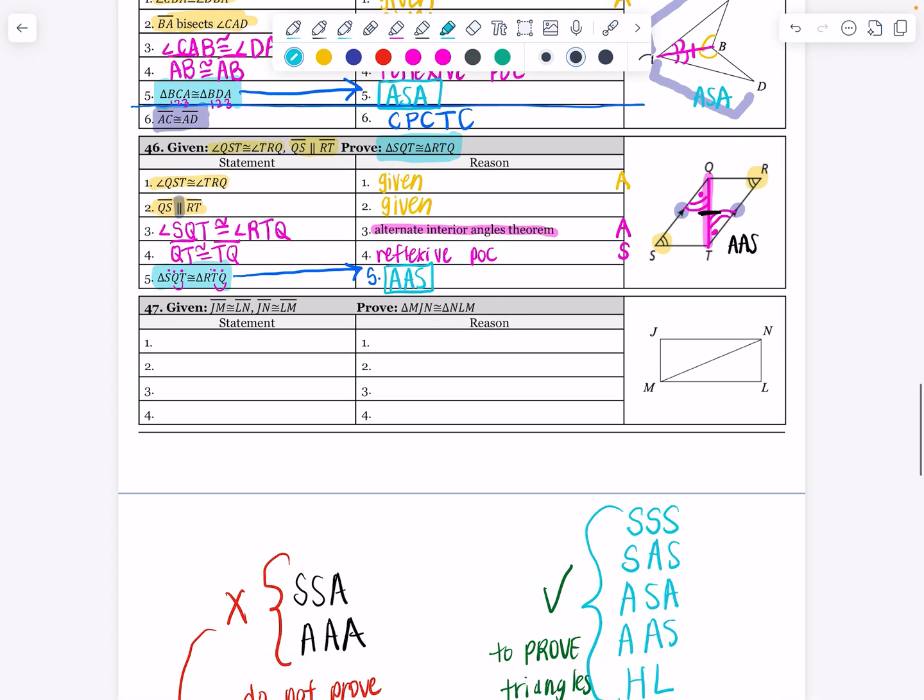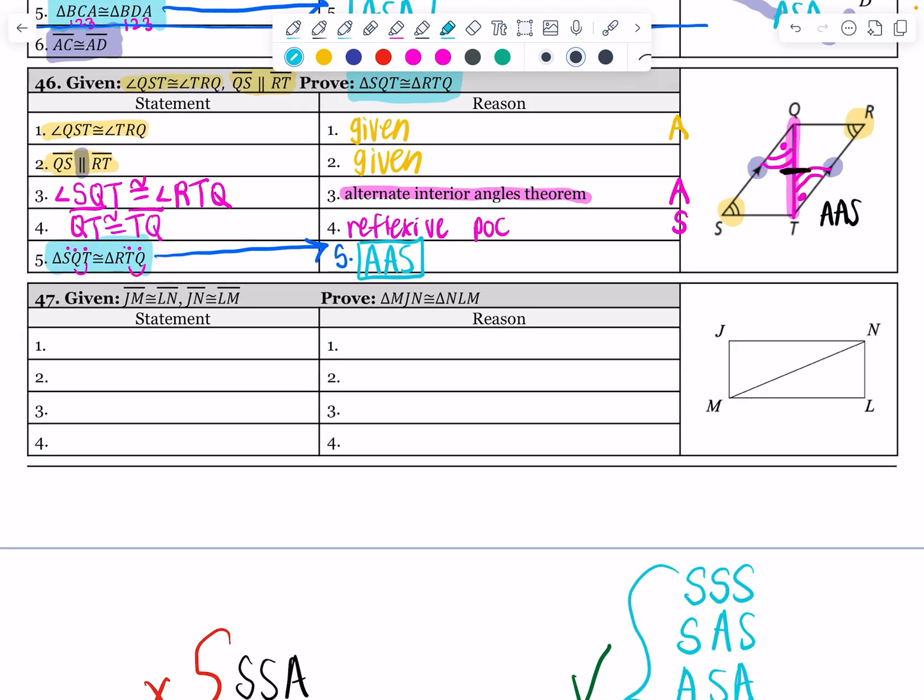All right, and then 47 is your first fully blank proof. And so we're going to start with our givens just like normal. JM is congruent to NL, so I'm going to write that here. JM is congruent to LN, sorry. So that's my given. And then I'm going to go mark that in the picture. So given.